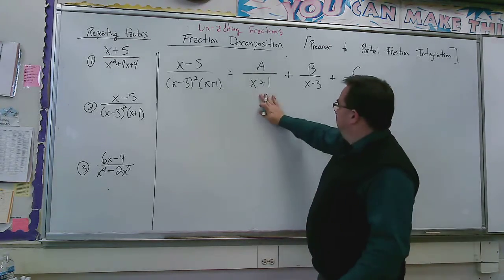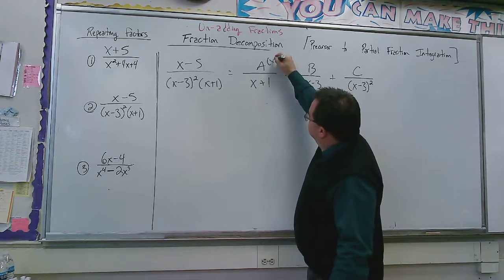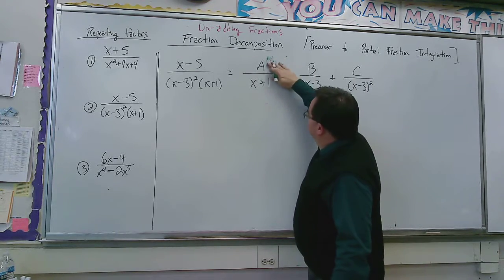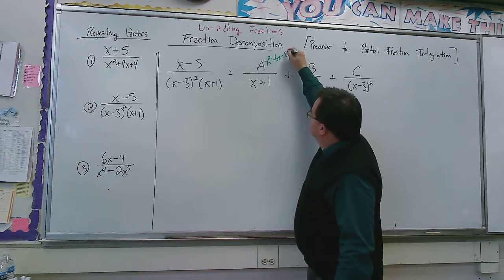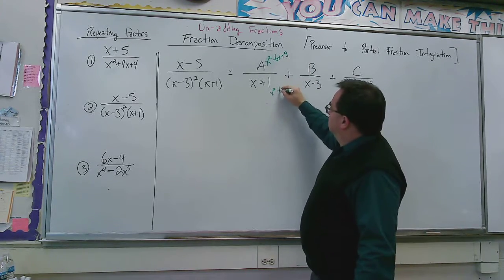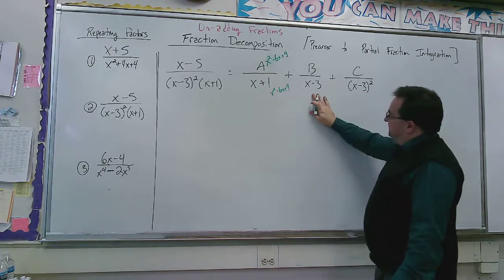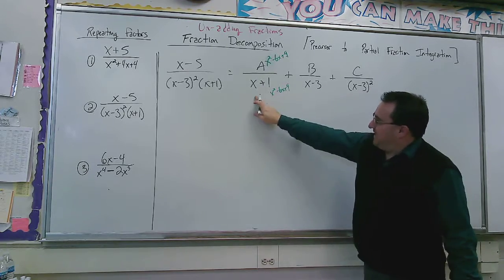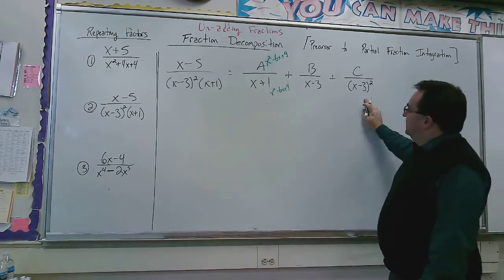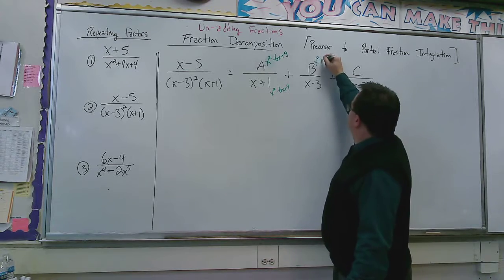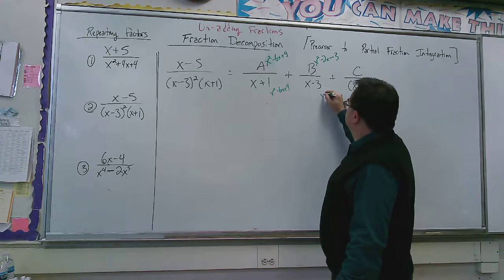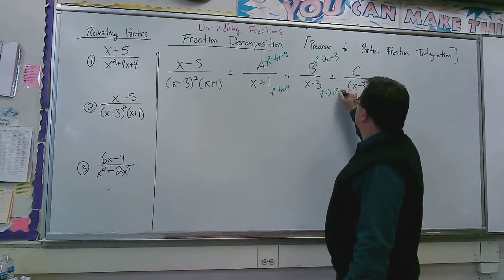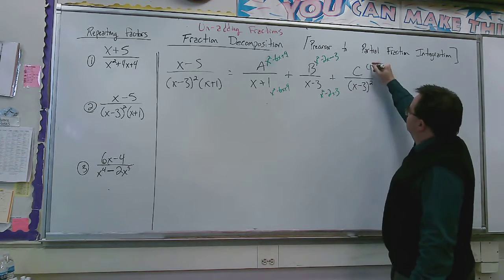Well, this one I'd have to times by both of those, which I'm going to multiply that out because it's convenient. This one I have to multiply by that and one of those. So that's going to be minus 2x minus 3. And this one only needs the x plus 1.